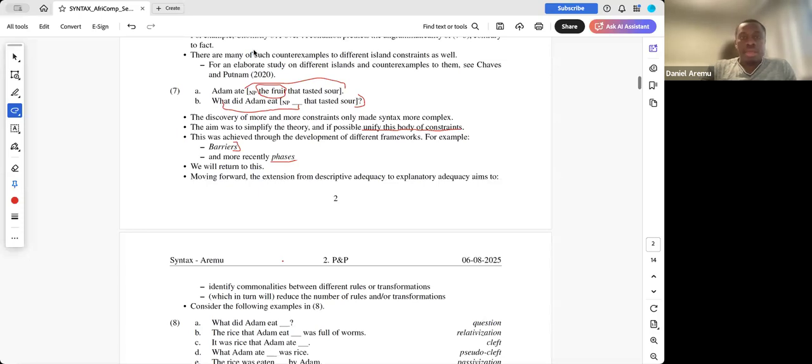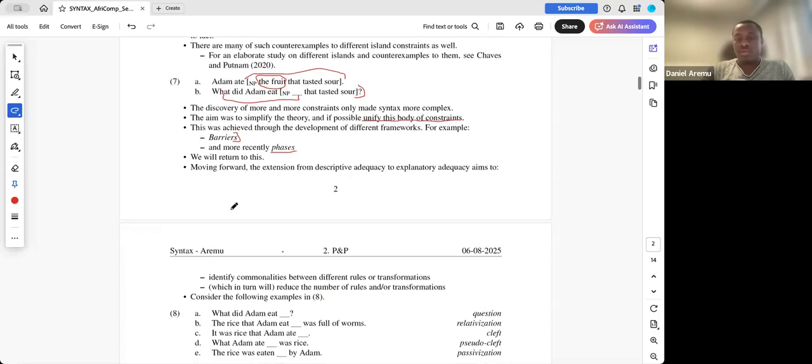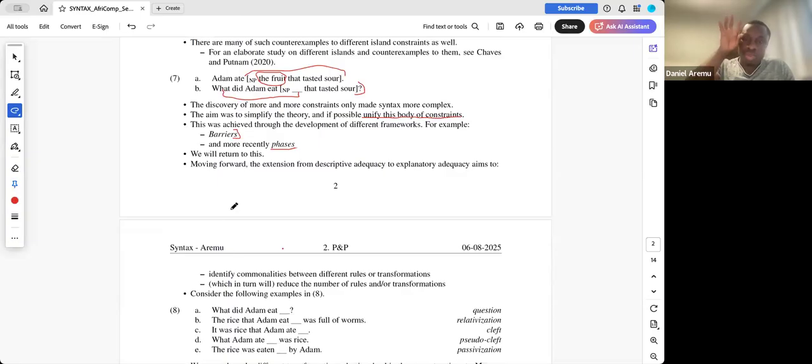So again, let's not lose track. What we are looking at is that we want to put all these islands, or all these constraints, under one umbrella. I said that one of the frameworks Chomsky developed to account for that was barriers.